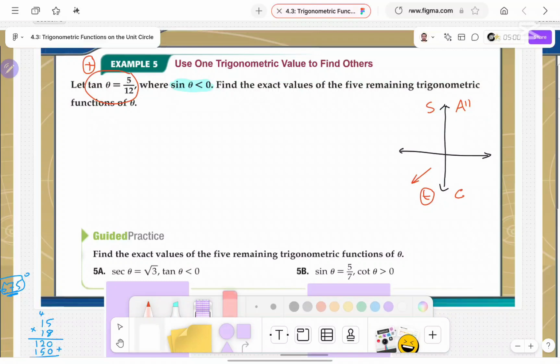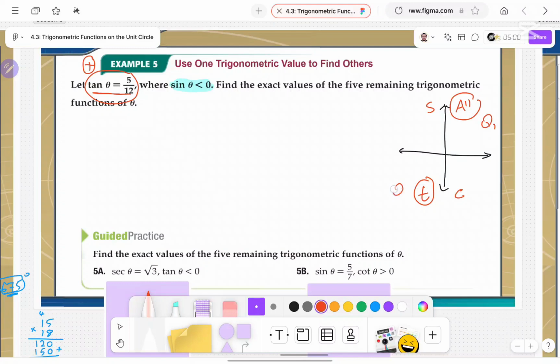I will tell you why. The question gave me tan 5 over 12, which is positive. Now you need to ask yourself this question before you decide which quadrant. Tan theta is positive, right? So in which quadrants is tan positive? I know that tan is positive in quadrant 3 and also in quadrant 1.